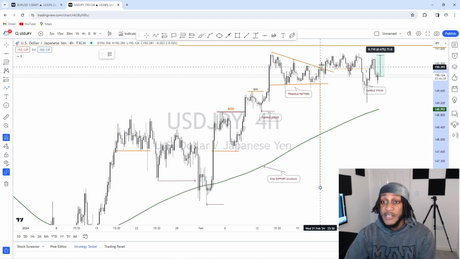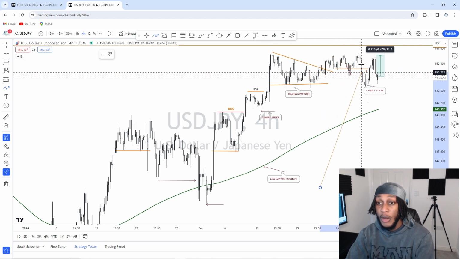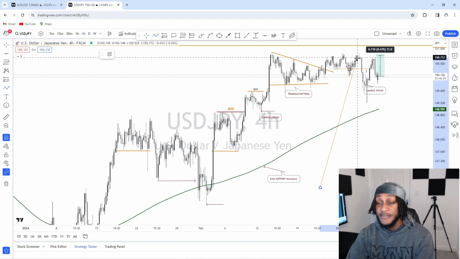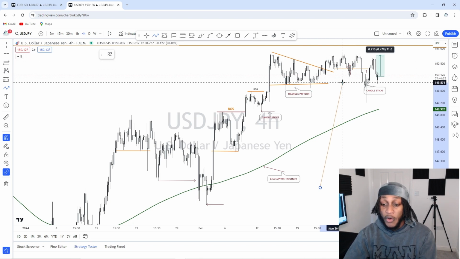You can see price is just struggling to break above, and what we see is some indecisive candles. We saw a dodgy stick candle. We saw a bearish engulfing candlestick. So you can see how all of these are aligned together with this strategy that I'm showing you on USD JPY.